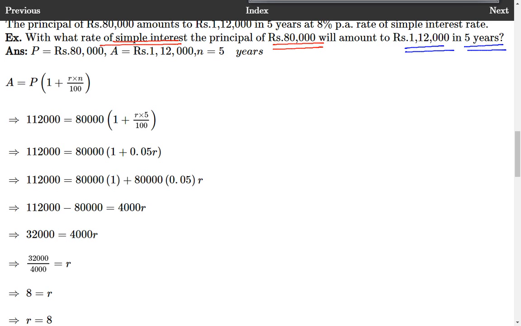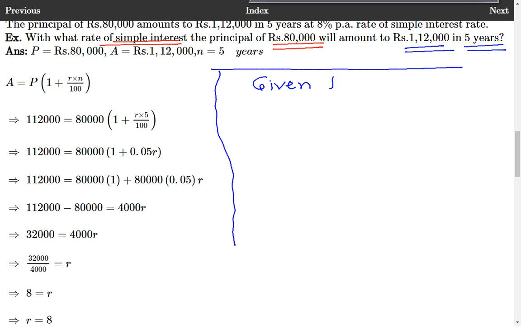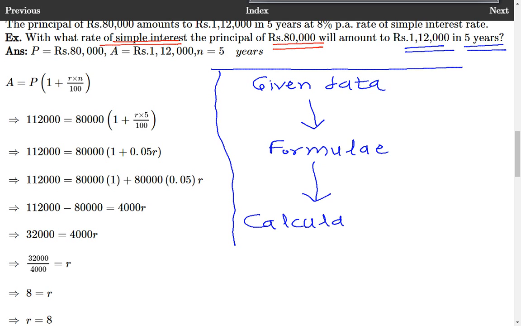So the usual steps to solve examples are these: write down the given data, then second step, use appropriate formulae, and in the third step, do calculations and or solve equations.